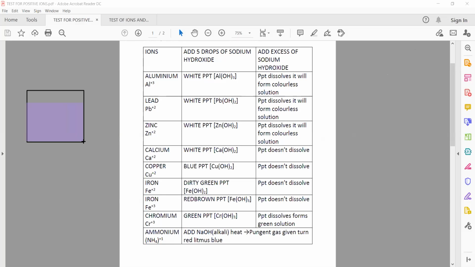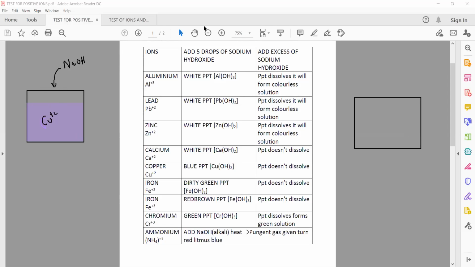If a solution contains a copper ion, so copper is +2, and you add sodium hydroxide, NaOH, what will be the result?